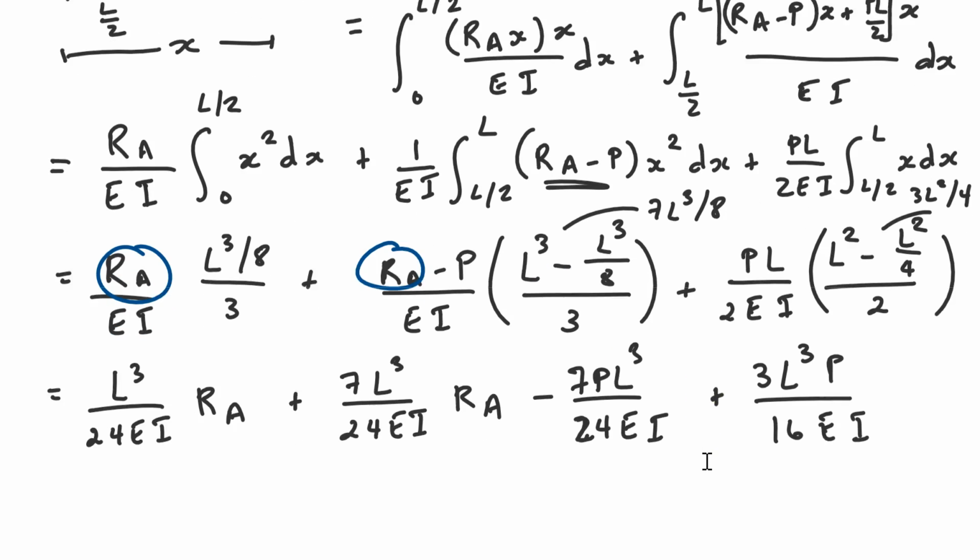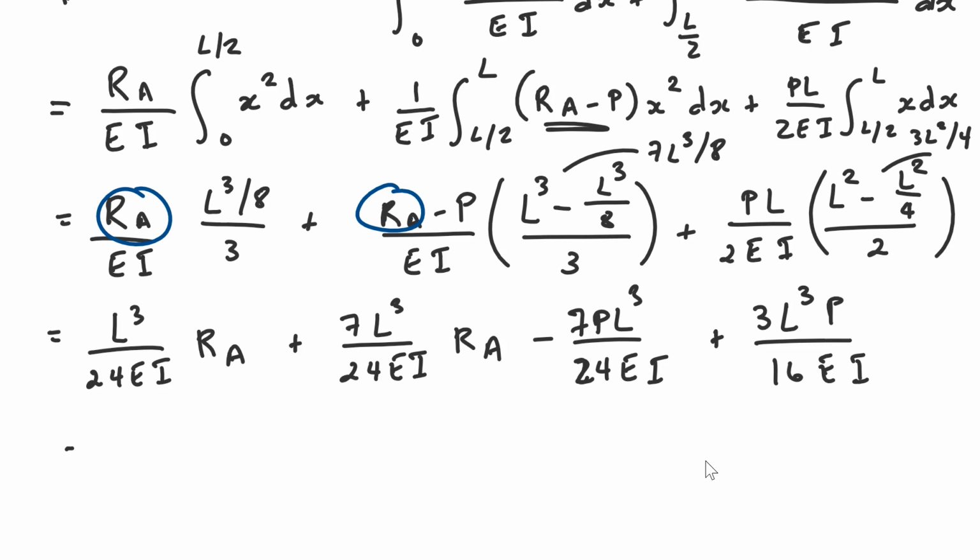Okay, I probably messed up somewhere, but you get the general idea. So now I'm going to combine like terms. You can see that we did the calculation at least somewhat correct because these variables are all the same, right? We have L cubed EI, L cubed EI, L cubed EI, L cubed EI. Correct?